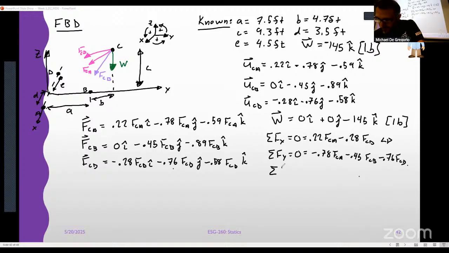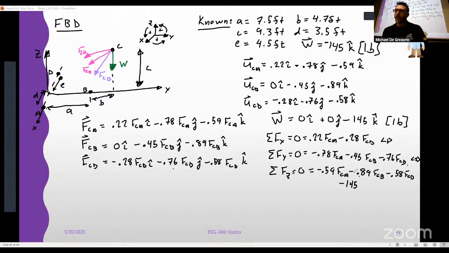Label it 2. And then finally, sum of the forces in the z direction: minus 0.59 FCA minus 0.89 FCB minus 0.58 FCD minus 145 for our weight. Don't forget the weight.